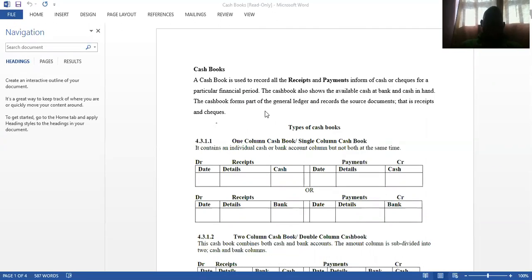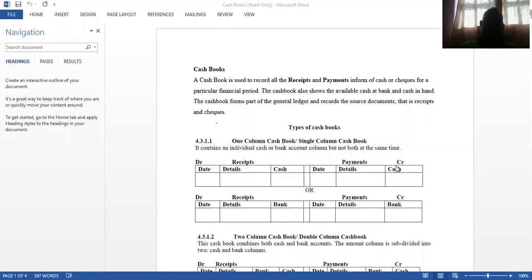Either we are paying money in form of cash, or in form of check. On the same note, either we are receiving money in form of cash, or in form of checks. So in the cash book, we are going to have two sides. We have the debit side, which normally records the receipts, and we have the payment side, which is also known as the credit.